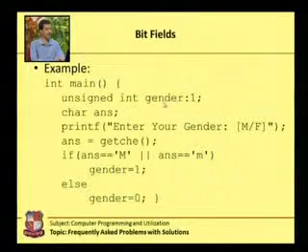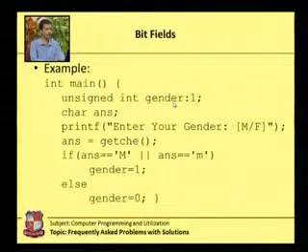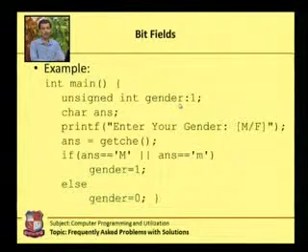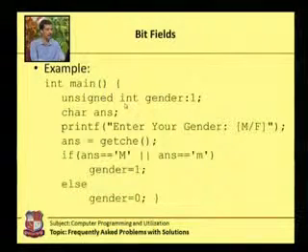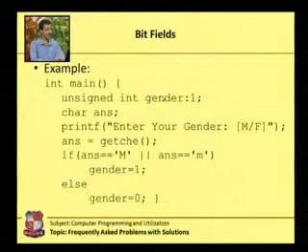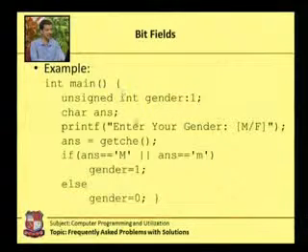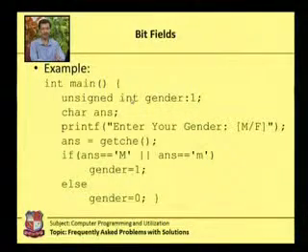As far as gender is concerned, either I am going to store 0 or I am going to store 1. So I only require 1 bit to store 1 and 0, and that's why I am declaring the integer as unsigned. Its name is gender, followed by a colon, and 1 indicates that though it is an integer, I don't want the full 2 bytes. I just want a single bit to store my data.